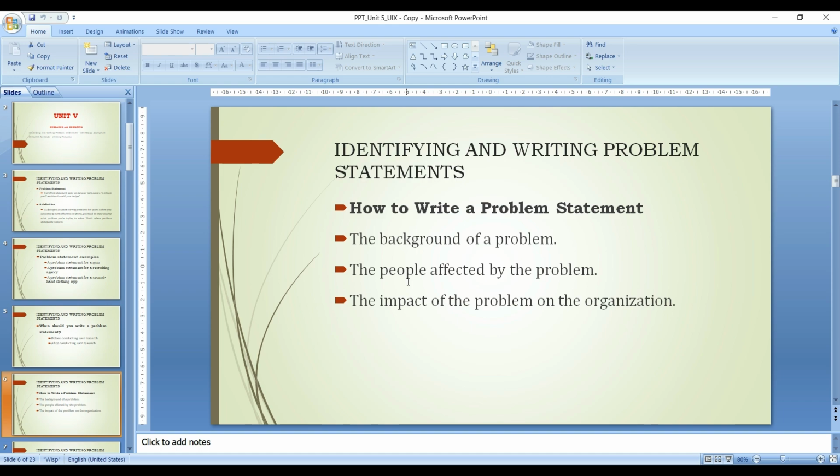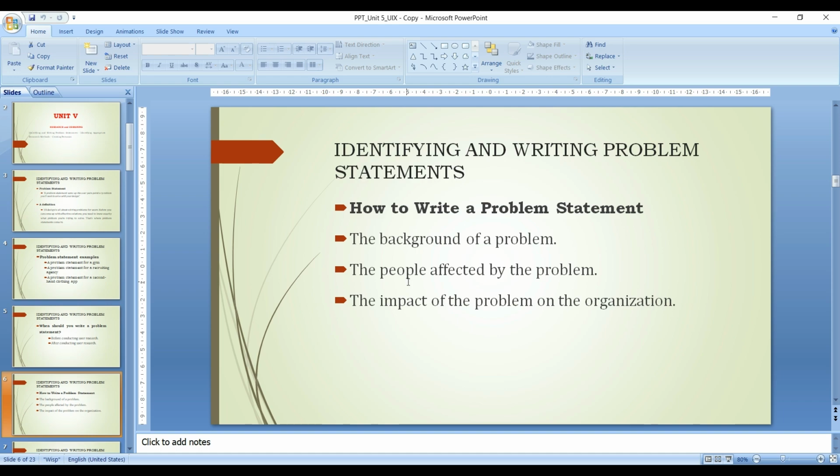Second one, the people affected by the problem. So why are they opening the gym in that particular place? There may not be any gym in that locality, so they may open. Why the user is going to do this in that location, that thing you have to analyze. Next one, the impact of the problem on the organization.